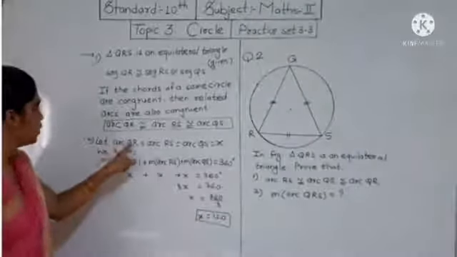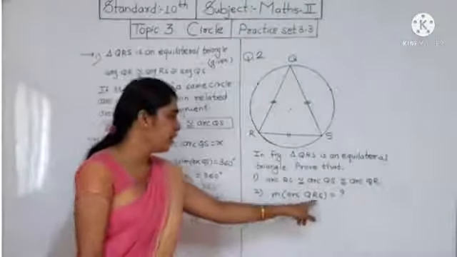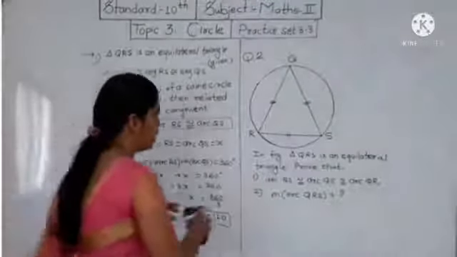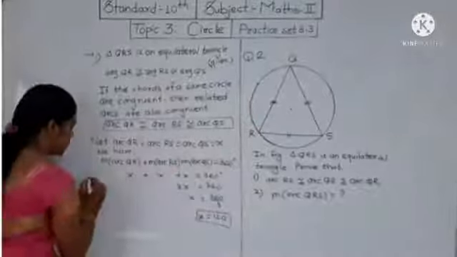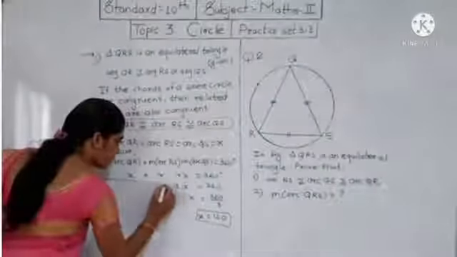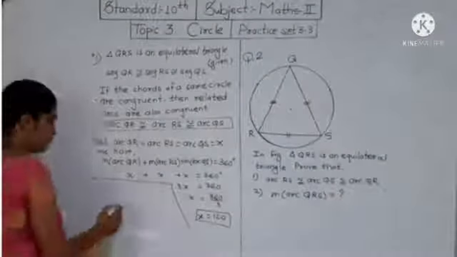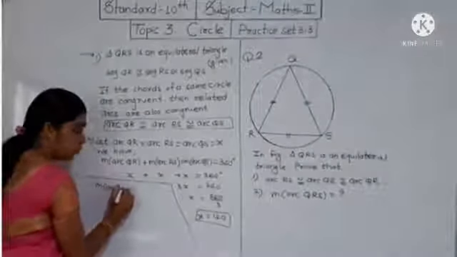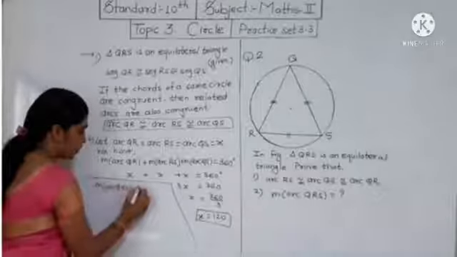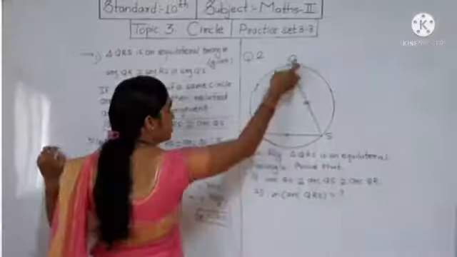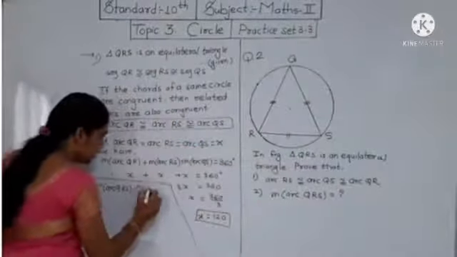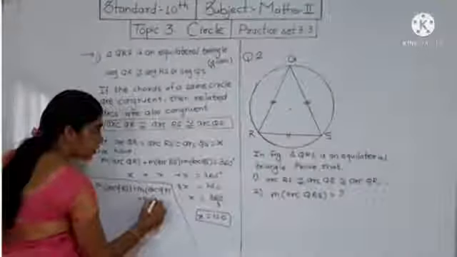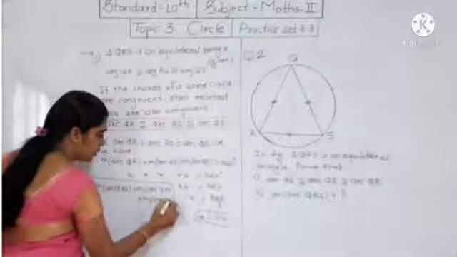What is x? QR. What do we have to find? Major arc QRS. So we find major arc QRS. See how to find. Therefore, major arc QRS is equal to QR plus RS, arc QR plus arc RS.